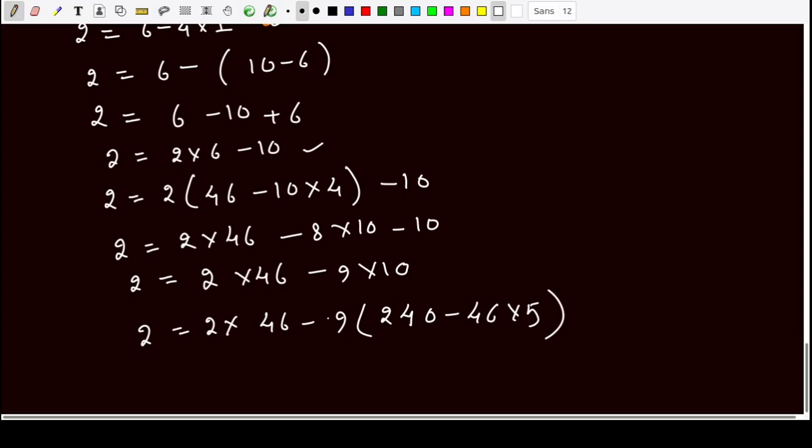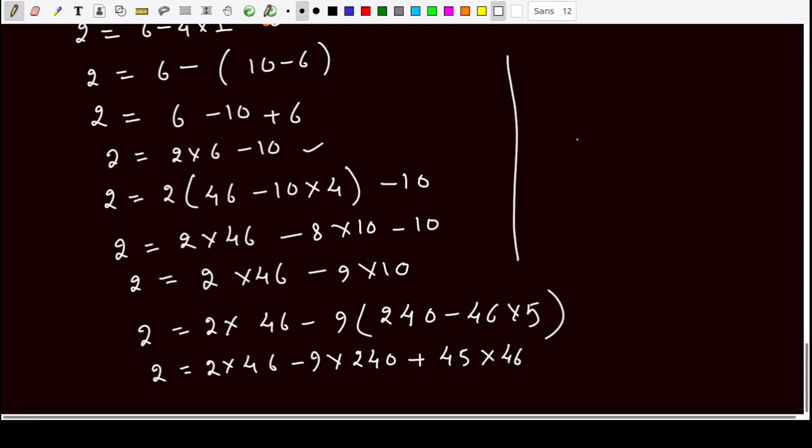Now let us solve this: 2 into 46 minus 9 into 240 plus 45 times 46. So essentially 2 equals this, and this is 47 times 46 minus 9 times 240.